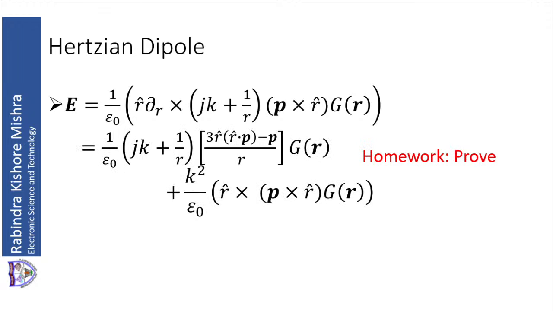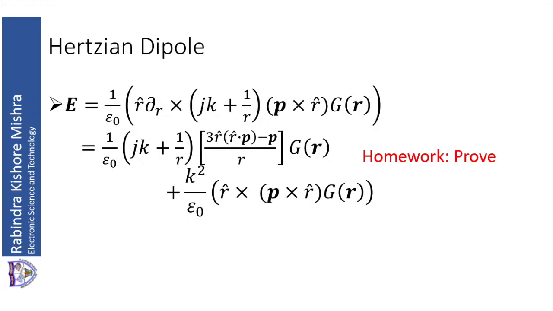Now this will be 1 by epsilon 0, which will remain as it is. Jk plus 1 by r, let us take that outside. Then do the vector triple product part. If you do the vector triple product part, we will get this equation: 3 r cap into (r cap dot p) minus p by r, that is operating on GR, plus k square by epsilon 0 r cap cross (p cross r cap) into GR.